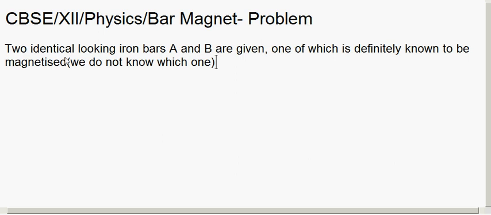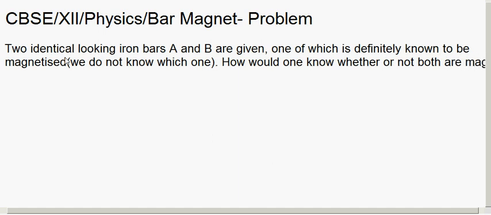How would one ascertain whether or not both are magnetized?